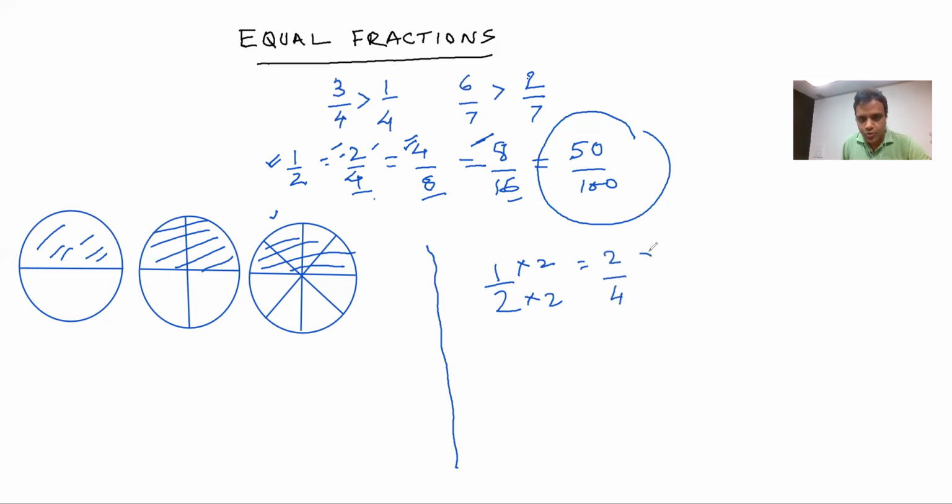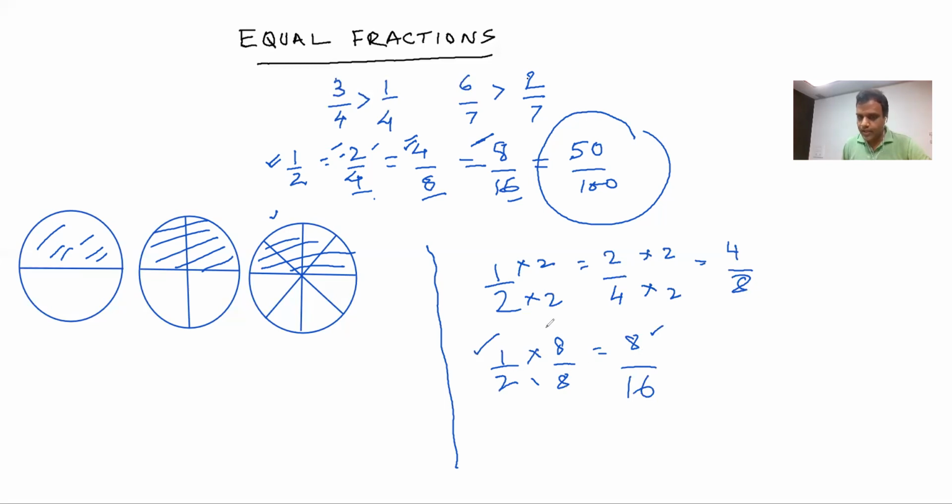If I multiply by 2 in the numerator and 2 in the denominator again, I get 4 upon 8. Similarly, in this half, I can multiply by 8 in the numerator and 8 in the denominator, I get 8 upon 16.